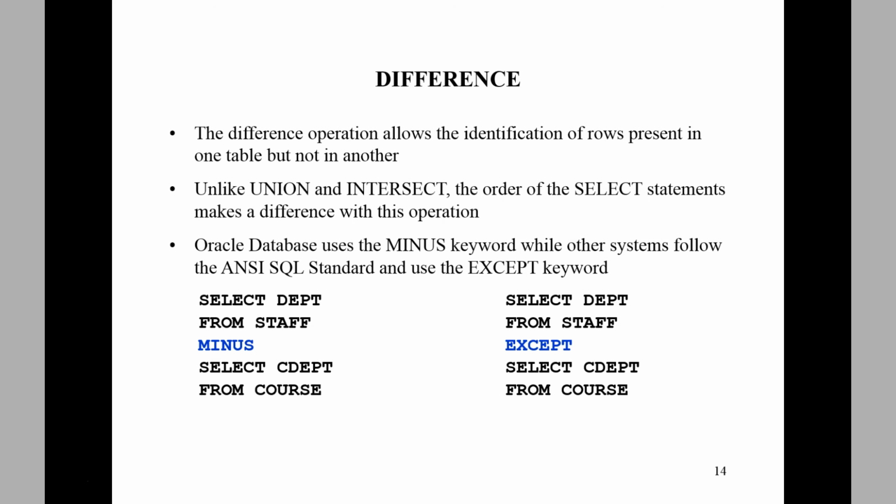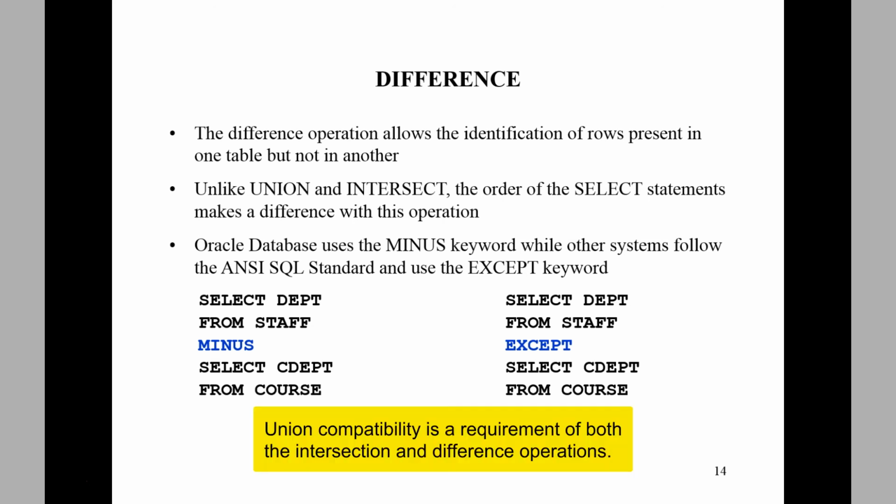Set difference is also superfluous in SQL because we can produce the result using subqueries, and we'll show that in just a moment. But a final comment regarding both intersection and difference is that with these operators, the two query blocks must again satisfy the union compatibility requirements.